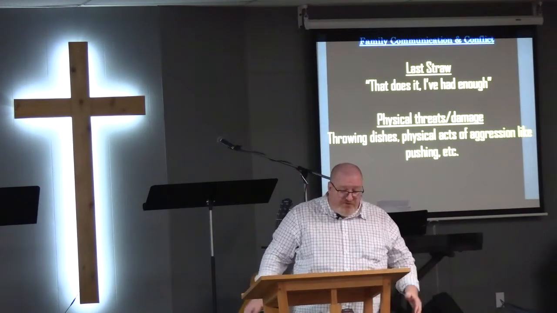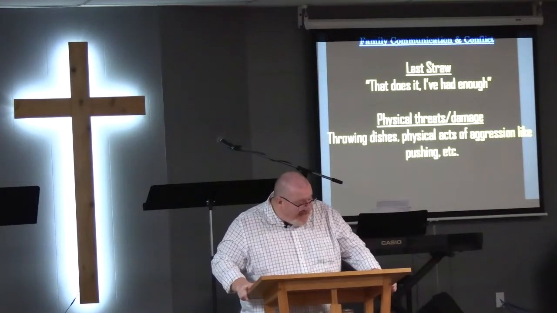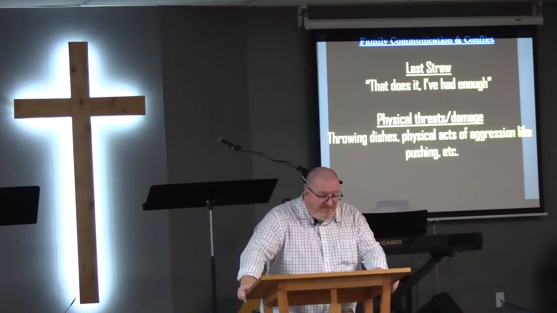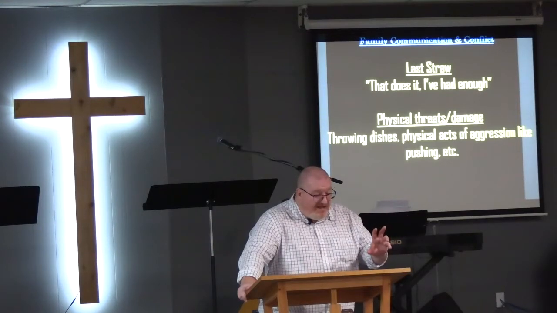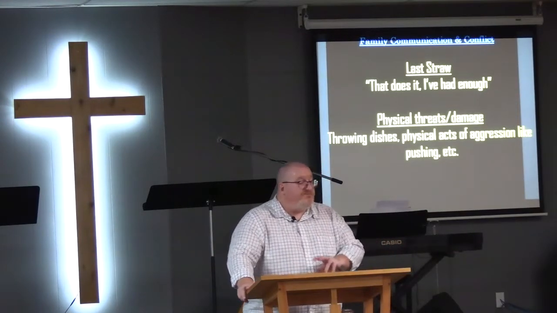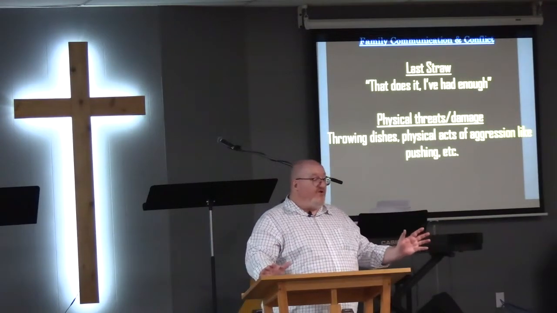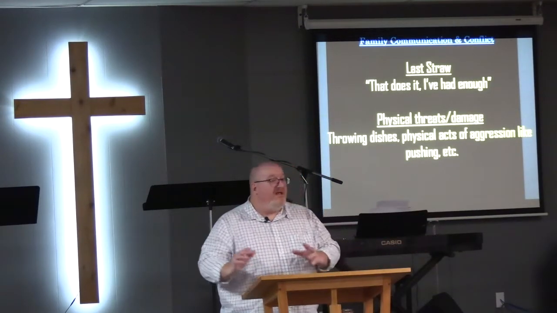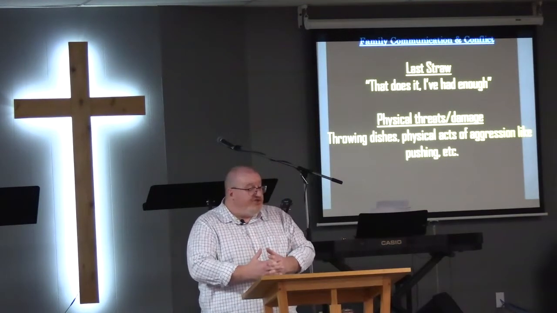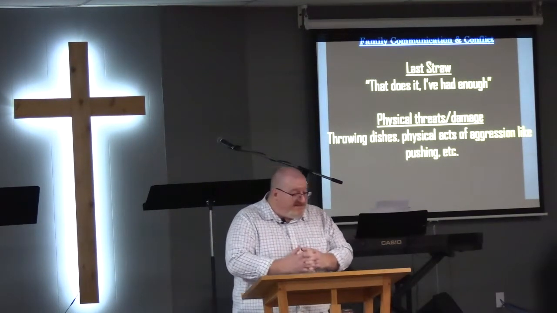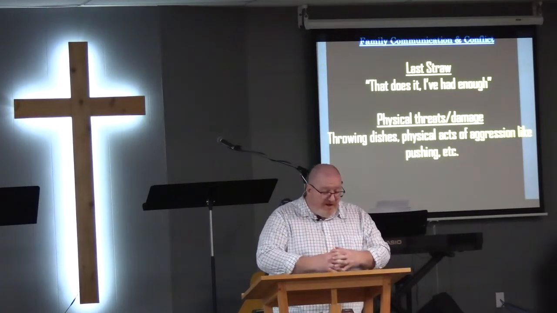So 4, physical threats or damage. Like the verbal threats category, the relationship between a parent and a child, and this is the caveat I'm making here, is like a punishment like spanking, corporal punishment. That is not what this category is about. Again, this is between 2 adults or even 2 children, and this is not about proper godly discipline in a house, right?